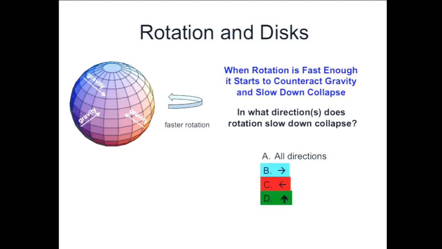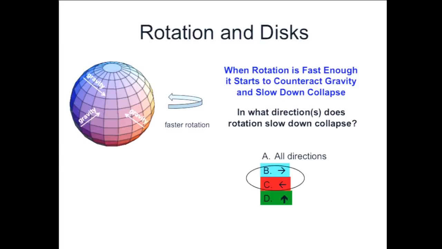A disk is an object where it's collapsed a lot in one set of directions and not so much in another set of directions. So all directions is problematic because rotation is leading to the formation of a disk where the collapse actually hasn't been stopped very well in certain directions.